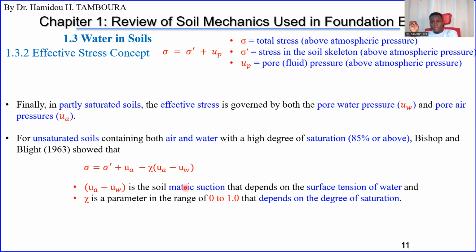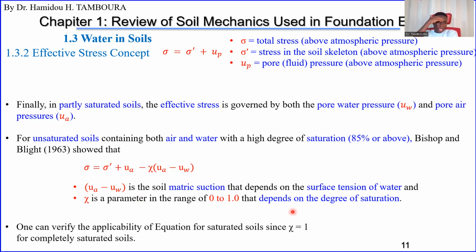Okay. It will depend on the surface tension of water. And this coefficient, I think the name is chi, but I'm not sure. This parameter ranges from 0 to 1, and it depends on the degree of saturation. Okay.